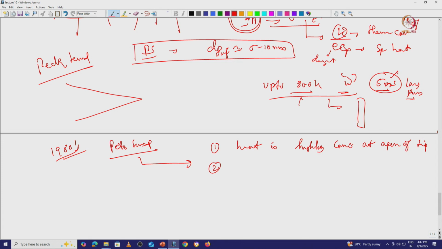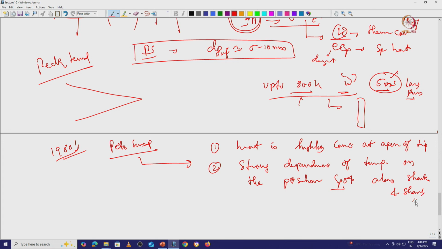And the second is the strong dependence of temperature on the position of the laser spot along the shank and the shank angle. So these are the two major observations which govern the peak temperature of that particular needle specimen.